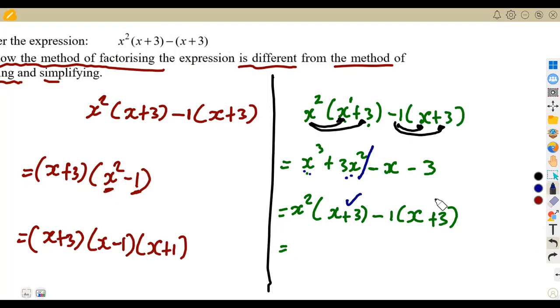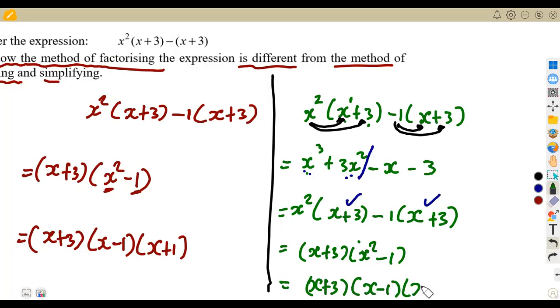It's x plus 3, so I factor out x plus 3. I'm left with x squared minus 1, which is the same thing that we had here. And x squared minus 1 gives us a difference of two squares, where we have x plus 3 times the two brackets x minus 1 and x plus 1, just like the previous case.